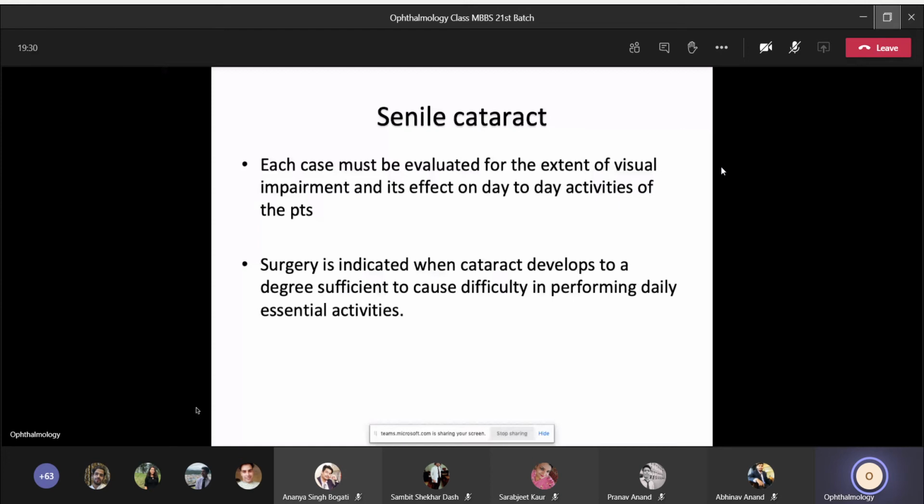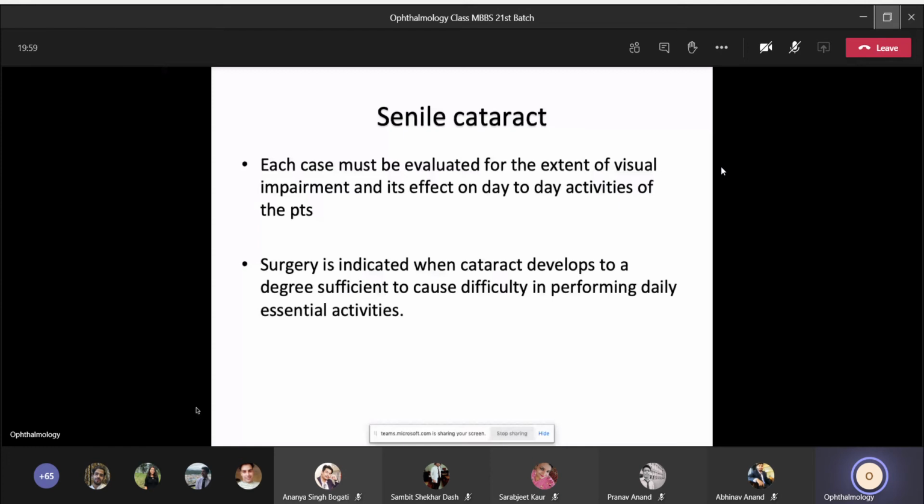But if he or she is a pilot, or in some profession with increased visual demand, then the patient may complain even at a visual acuity of 6/9. So there is no visual criteria for cataract surgery. Surgery is indicated whenever it is hampering daily activities.